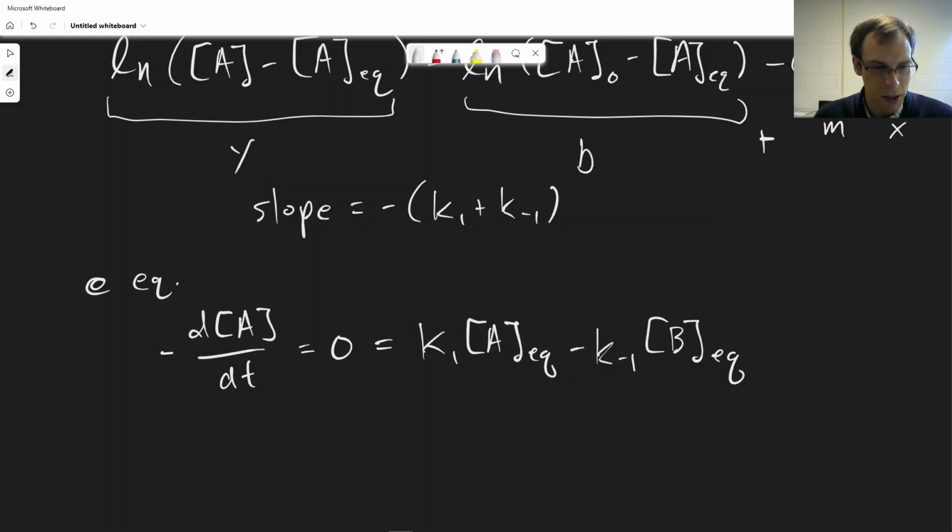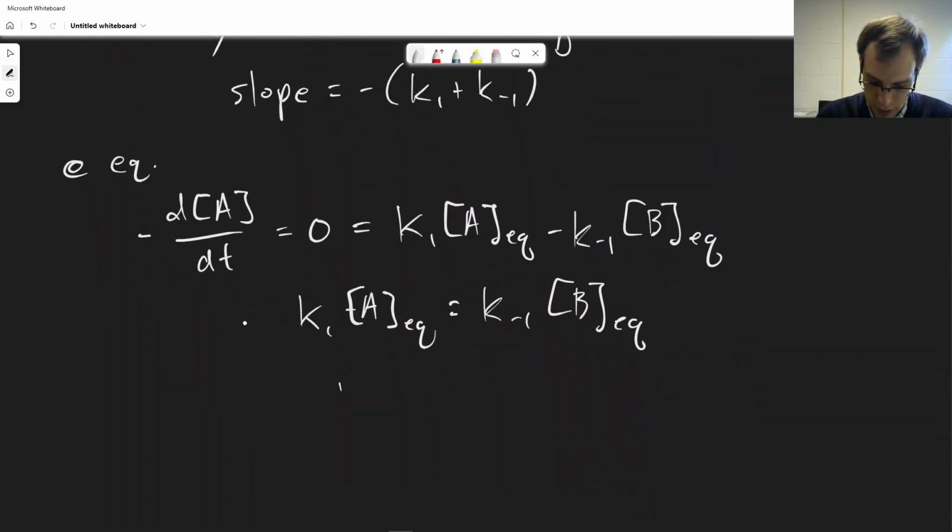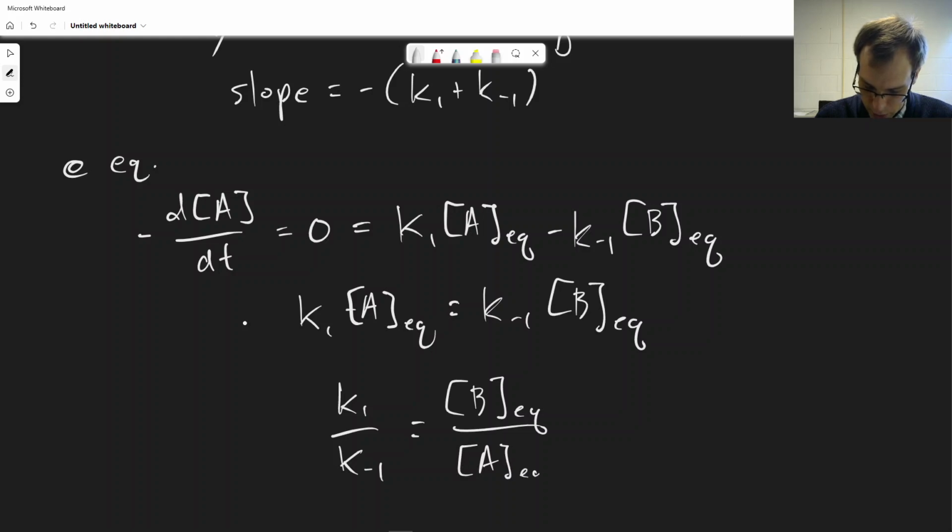And so we can rearrange this equation and say that, okay, well, k1 times A at equilibrium is equal to k minus 1 times B at equilibrium, right? These rates are equal to each other at equilibrium. And we can rearrange this equation to say that gives us k1 over k minus 1 is equal to concentration of B at equilibrium divided by concentration of A at equilibrium.